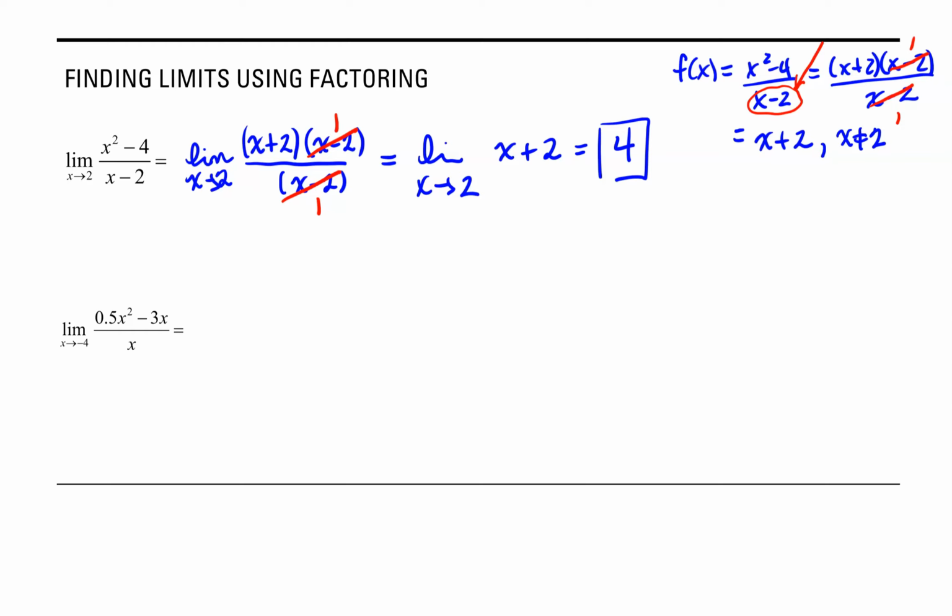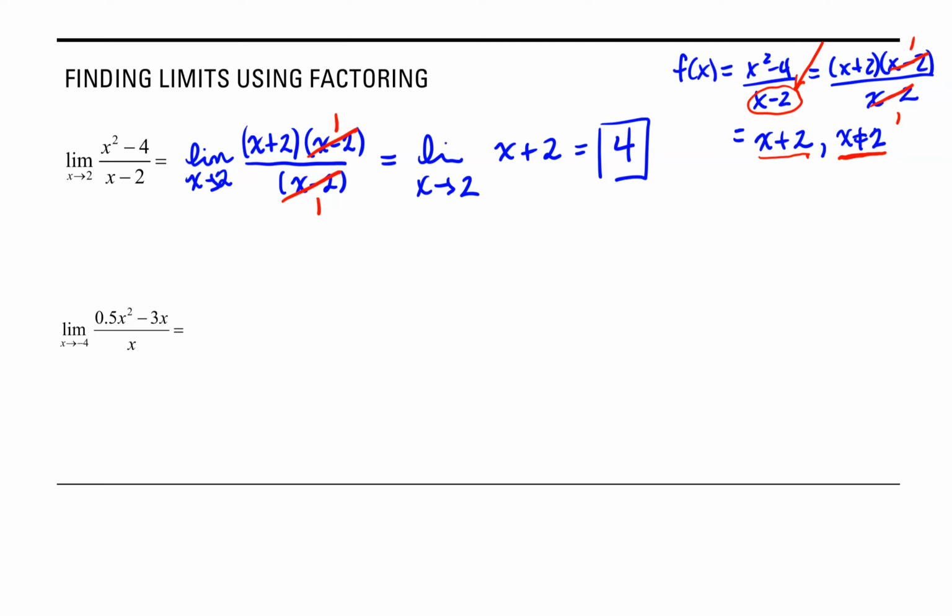We would have 2 minus 2 in the denominator, and division by 0 is undefined. When we simplify that and we end up with this x plus 2, we've removed that information. So we have to include this caveat of x cannot equal 2 to produce the same function values as the original function.